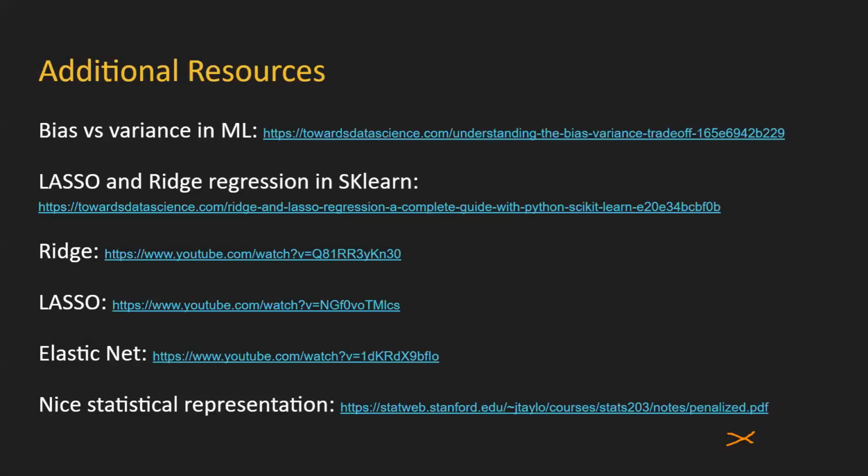So you can find information on bias versus variance in machine learning, on lasso and ridge regression and how you can deal with that in sklearn, something we do in the notebook. Also on ridge and lasso specifically from the theory side, and also the elastic net. You get some nice statistical representation in this Stanford link here.